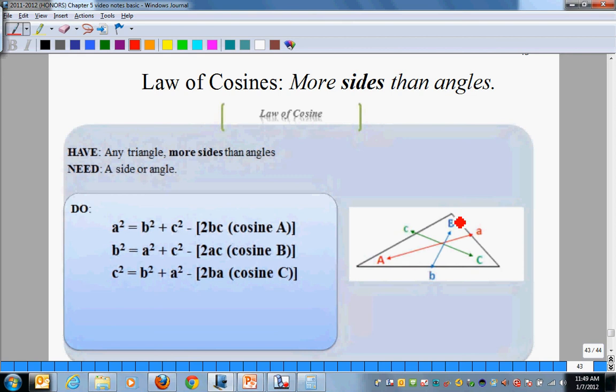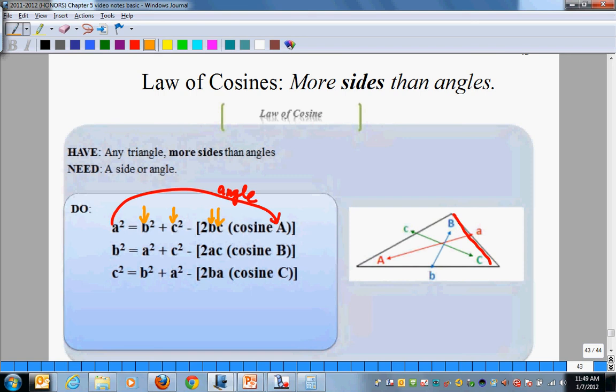If I want to work with side A, I take a squared equals b squared plus c squared minus brackets 2 times b times c times the cosine of angle A. A couple patterns. Side A connects with the angle right here. And you should also notice that the two sides that you square here are the two sides that get multiplied.